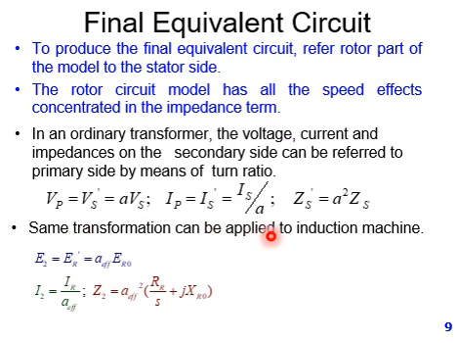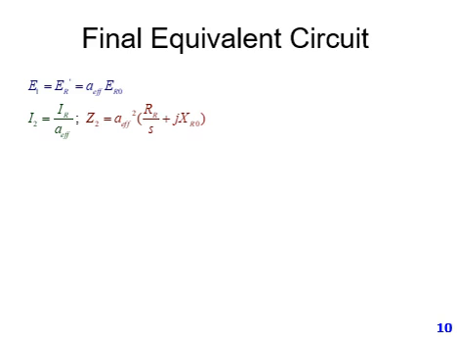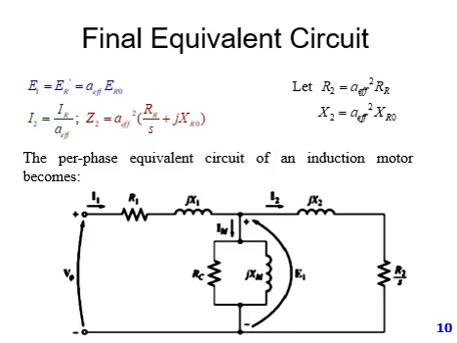The same transformation can be applied to the induction machine. So we can find E2, I2, E1, etc. In this case, it can be seen that E1 can be written as A effective times ER0, and similarly Z2 and R2 are equal to A effective squared times RR, which is quite similar to the transformer case where we studied that ZL bar is equal to A squared times ZL.